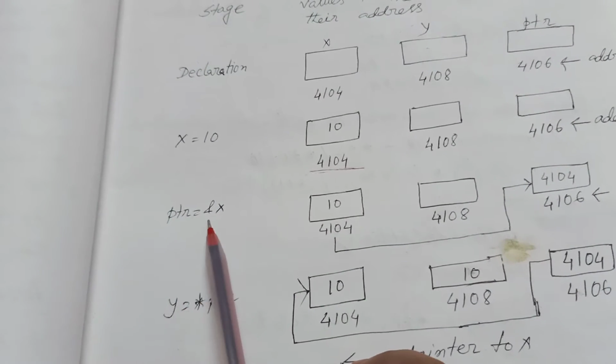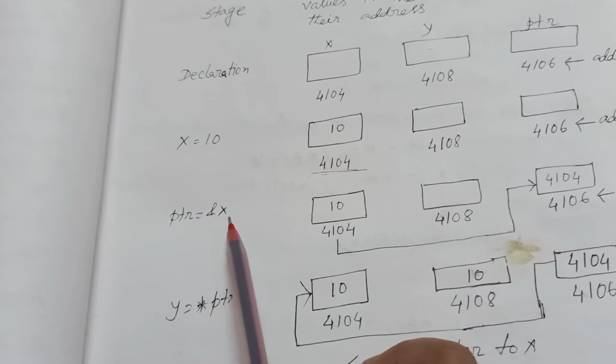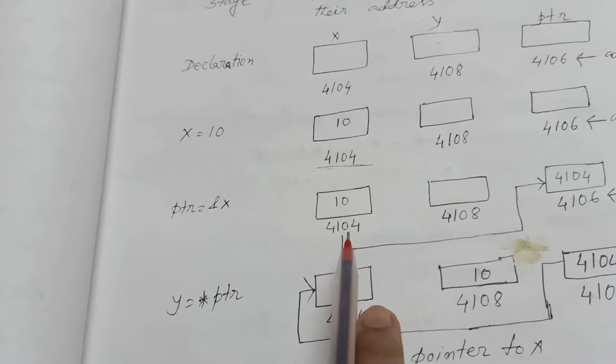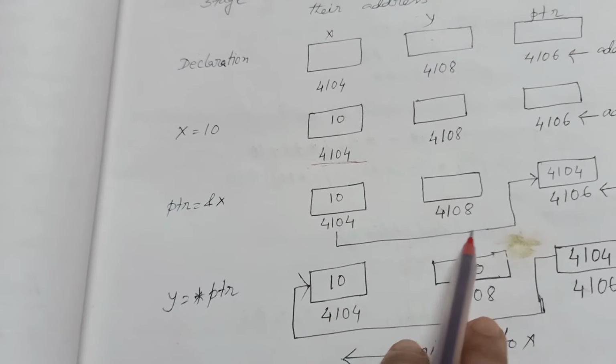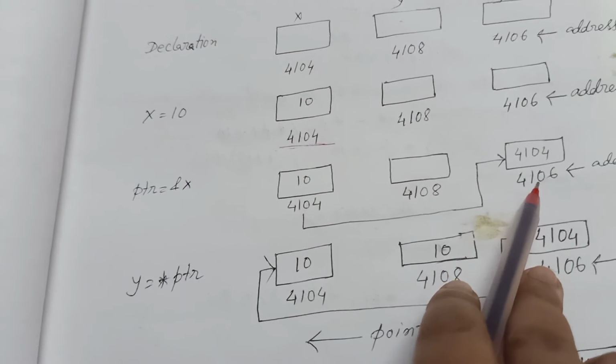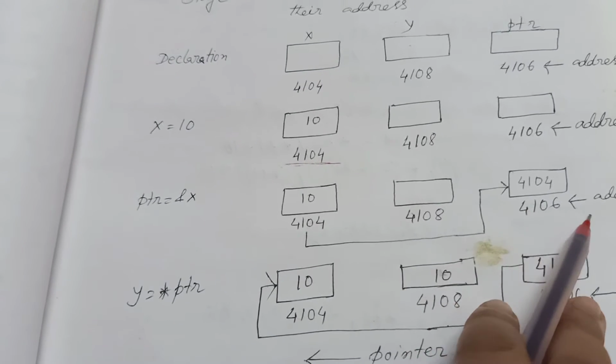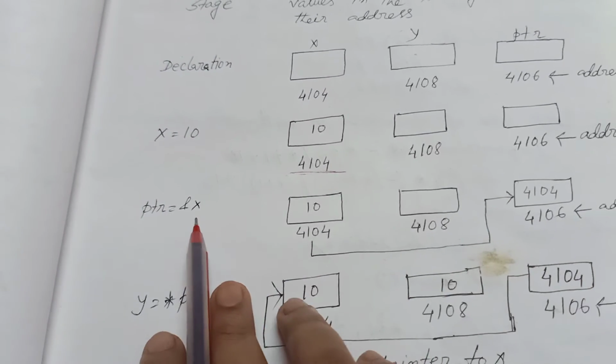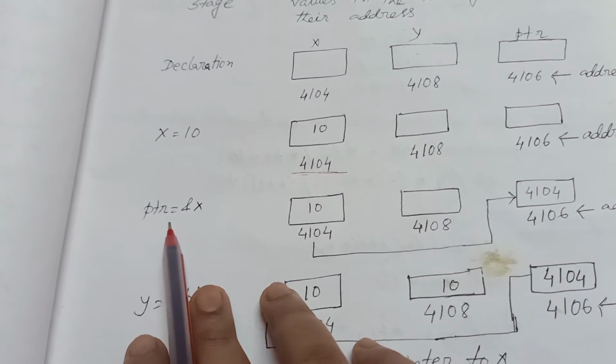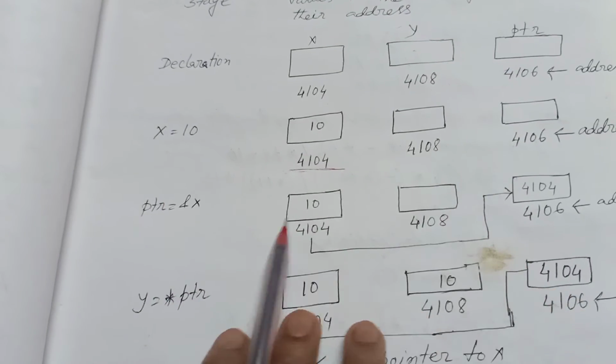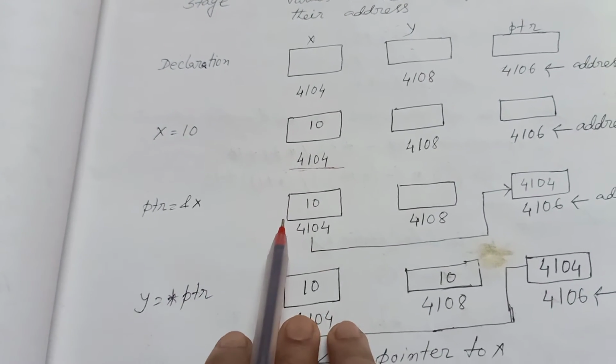So when ptr equal to ampersand x, then 4104 is stored in the address 4106, as ptr contains the address value of x.